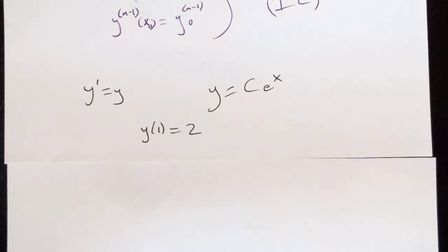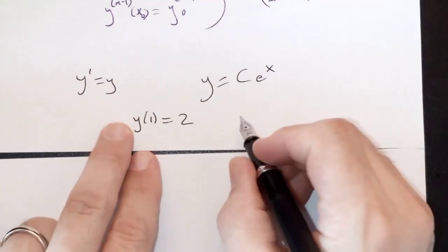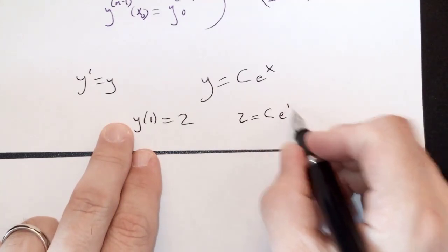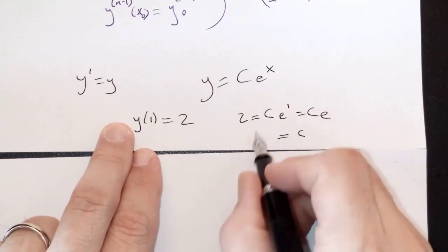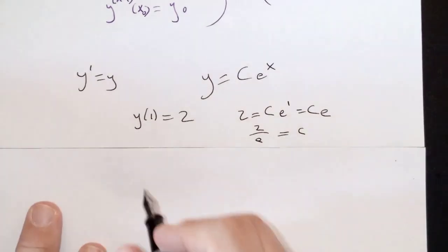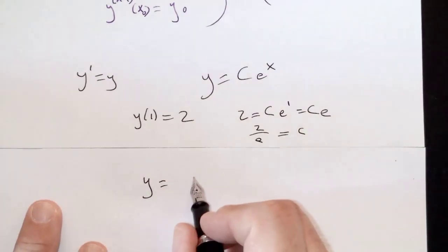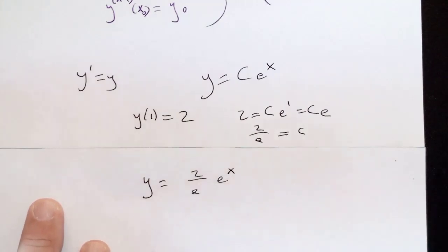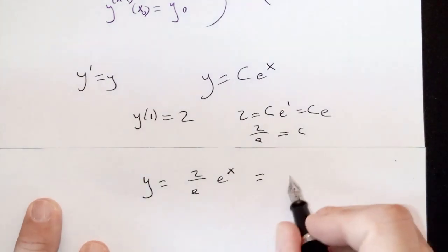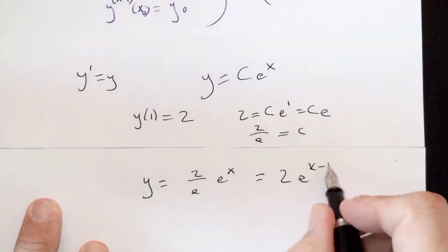Two over e, because what I end up with, 2 equals c e to the first, which is the same as just e. So c is 2 over e, which means I get the equation y equals 2 over e to the x. I can simplify that just a little algebraically. I can write that as 2e to the x minus 1.